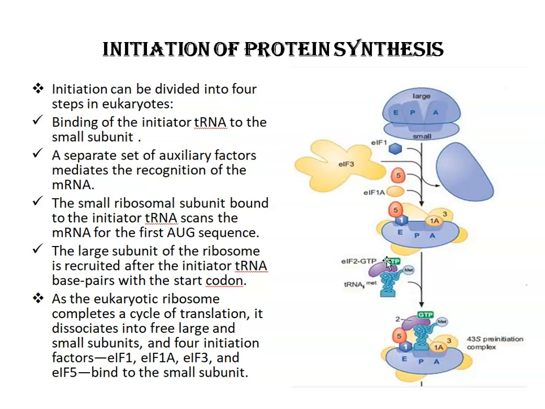EIF2 then positions this methionyl tRNA in the P site of the initiation factor bound small subunit, resulting in the formation of the 43S pre-initiation complex. So you can see here, this is the 43S pre-initiation complex, 43S PIC.